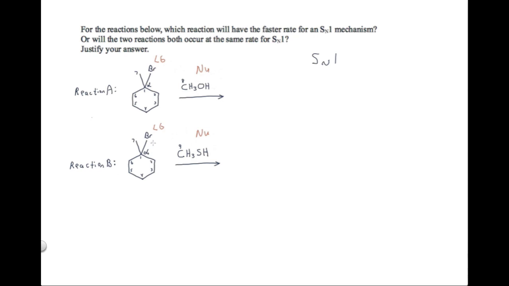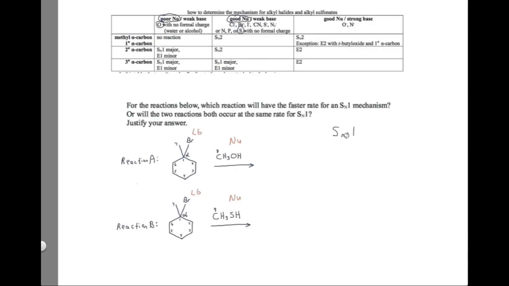Well, the difference between these two reactions is in the nucleophiles. We already discussed in the previous problem that neutral oxygen is in this column, which makes it a poor nucleophile. And neutral sulfur is in this column, which makes it a good nucleophile.